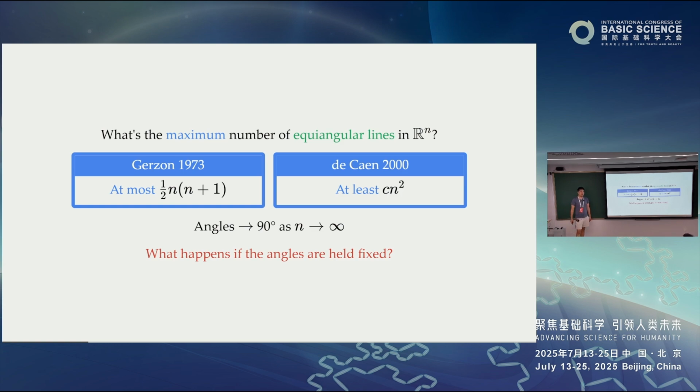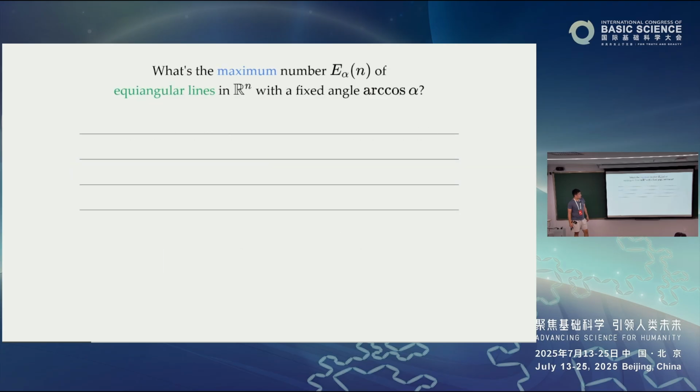You get to name your favorite angle, maybe 60 degrees, maybe some other angle, and you ask what's the maximum number of equiangular lines with that fixed angle. I'm going to use e sub alpha of n to denote the maximum number of equiangular lines in n-dimensional Euclidean space with fixed angle arccosine alpha.